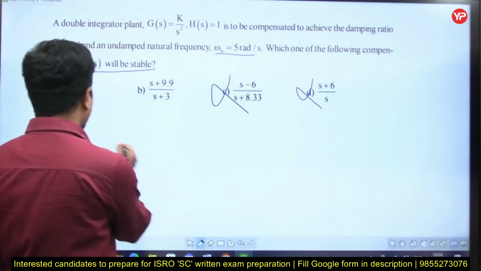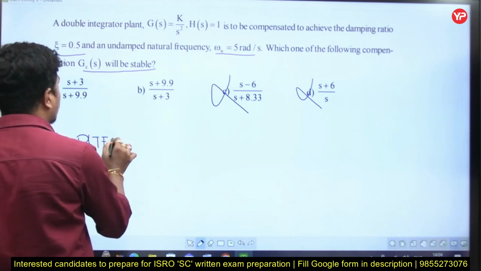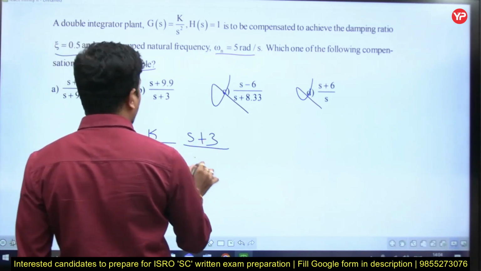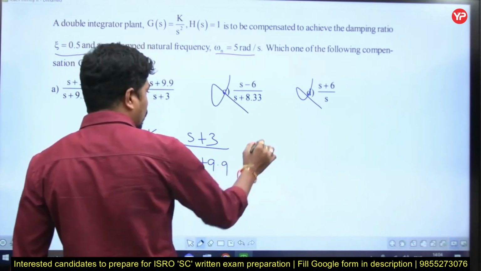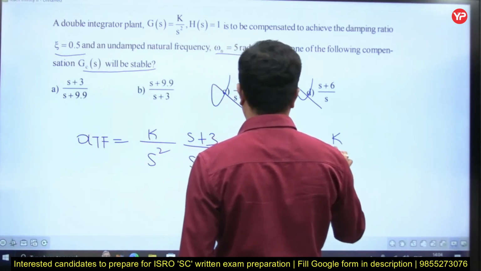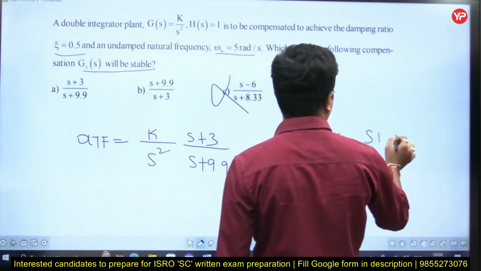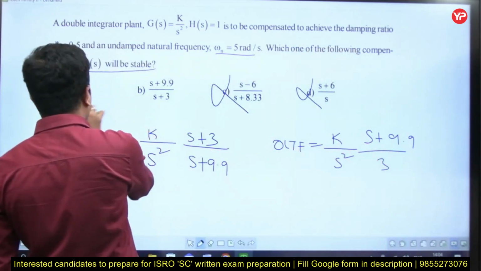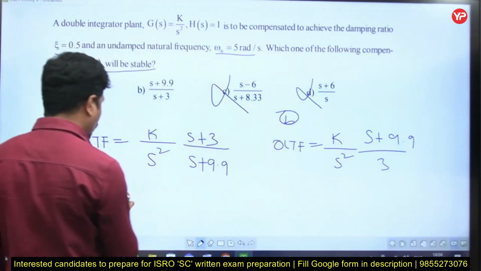Now what is my OLTF? OLTF is equal to K by S square into S plus 3 by S plus 9.9 with option A, and OLTF is equal to K by S square into S plus 9.9 by S plus 3 with option B. This is option A, this is option B. Get the centroid.